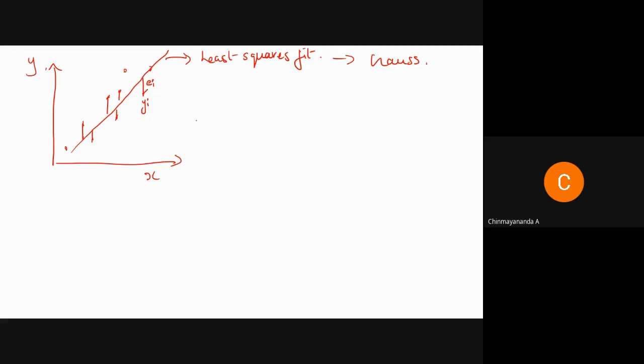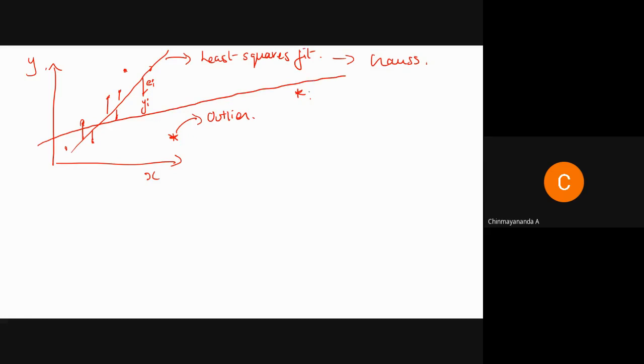Now the problem is that if you have an outlier, so probably I will show an outlier by a star. This is an outlier which is not following the trend of this data. Initially we had this line, this data without the star. Now we have the star. So based on the location of this outlier, the fitted line, its slope keeps on changing, right?